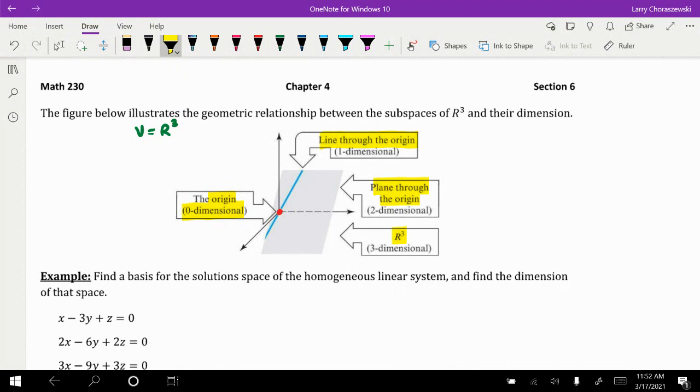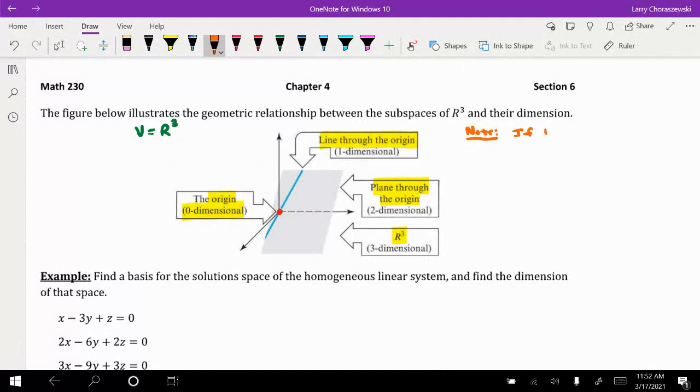The reason why I'm mentioning all this is to give you an important fact about the dimensions of subspaces. Let's make a note.